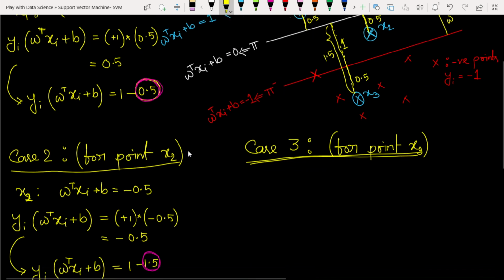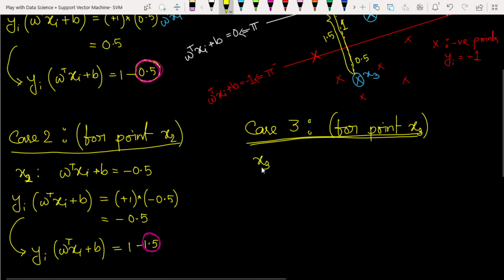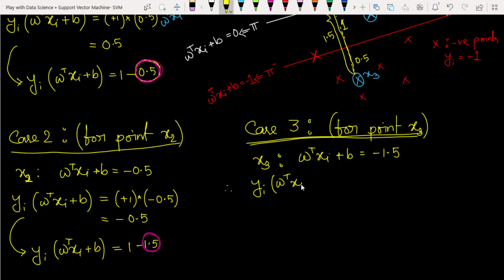Similar to case 2, this value will be minus 1.5. So if we calculate yi into W transpose xi plus b, then for y equal to plus 1, because this is a positive point, and minus 1.5, because this is a misclassified point, it is simple.